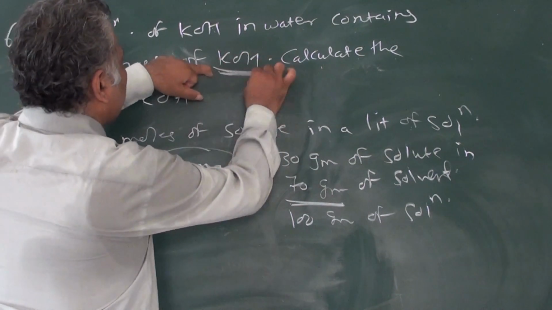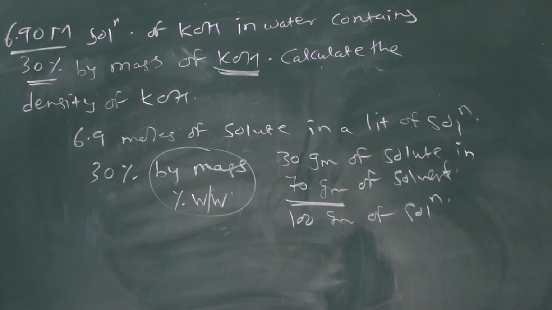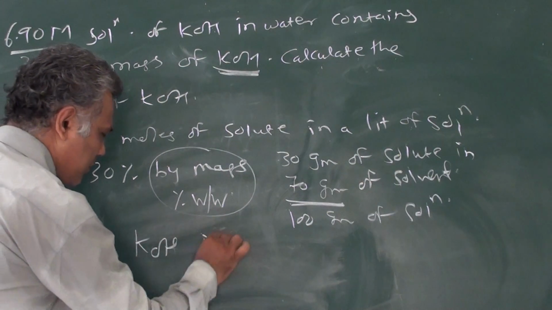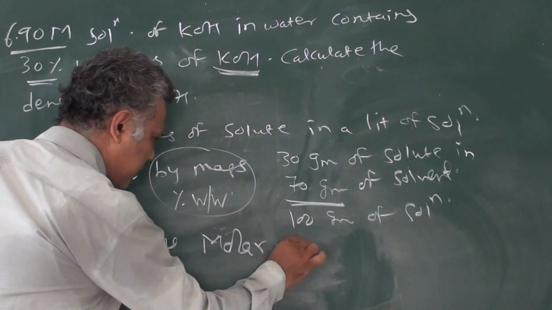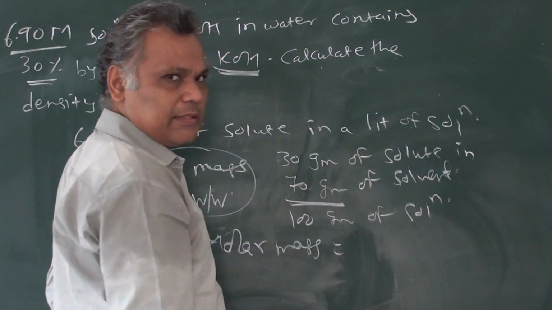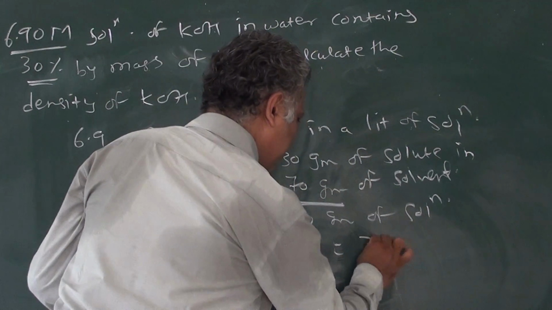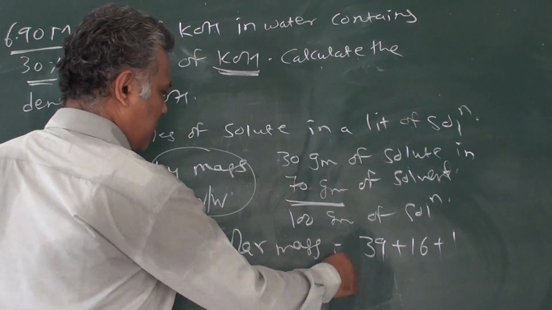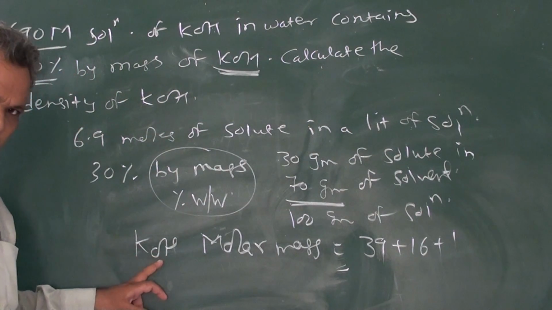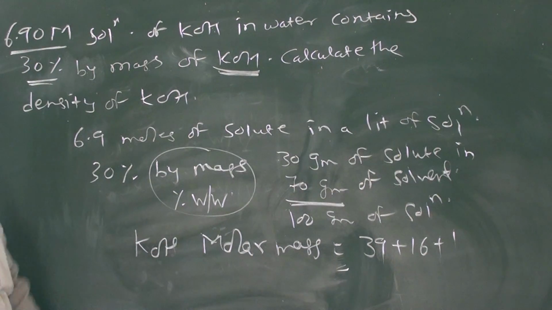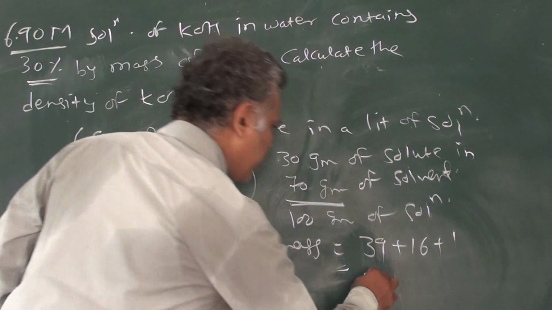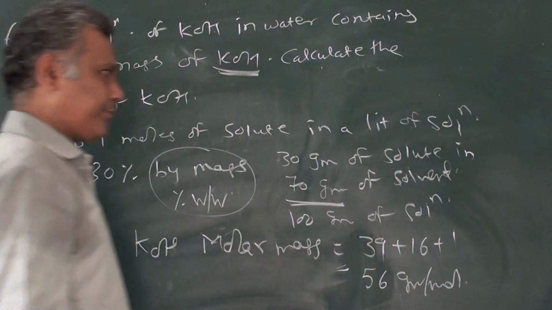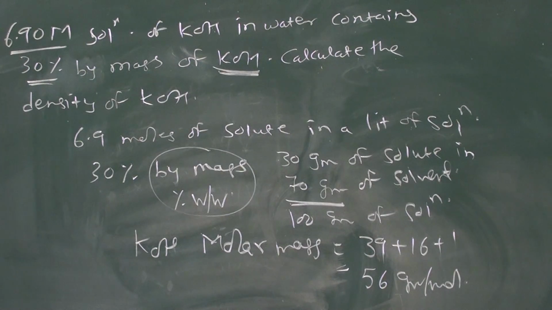Again, it's told to me the solution is of KOH, potassium hydroxide. Molar mass, we know it: 39, 16, 1. 39 for potassium, 16 for oxygen, 1 for hydrogen. So totally you are going to get 56 gram per mole.